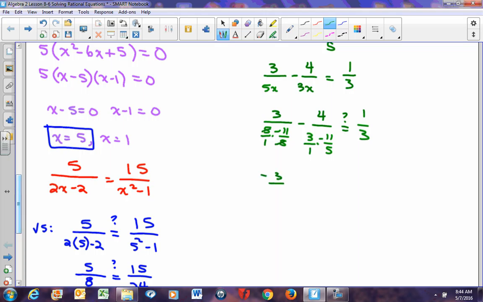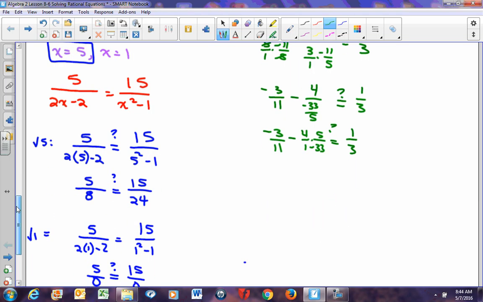I get negative 3 over 11 minus 4 over negative 33 fifths. Does that equal 1/3? You're like, oh, complex fractions, I hate them. Negative 3 over 11 minus 4 over 1 times 5 over negative 33. Does that equal 1/3?